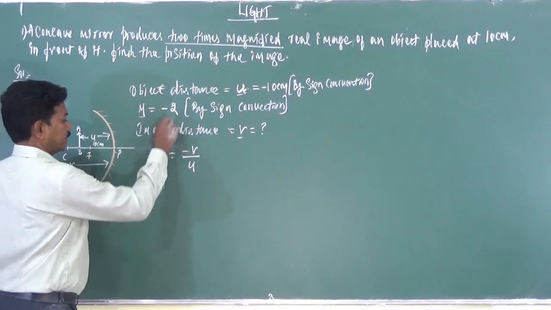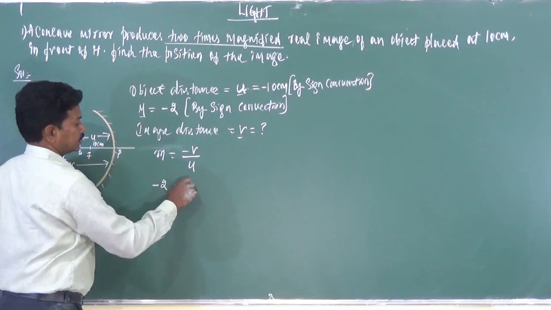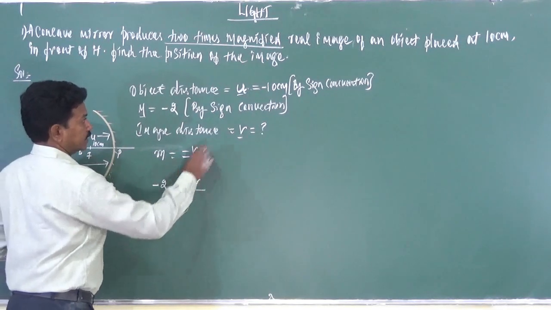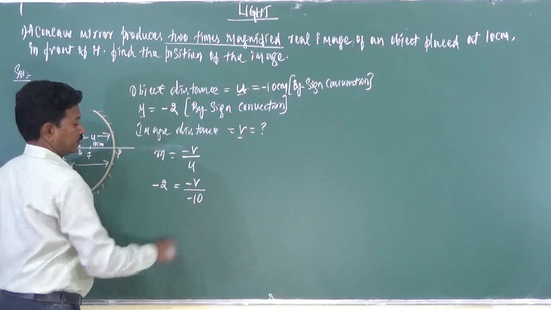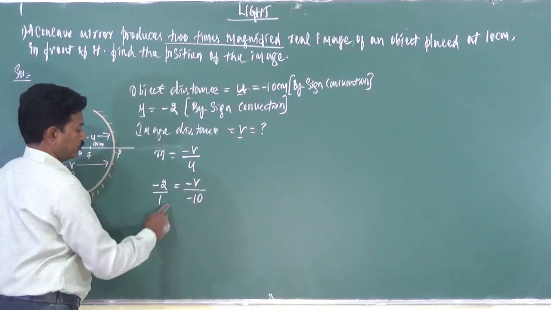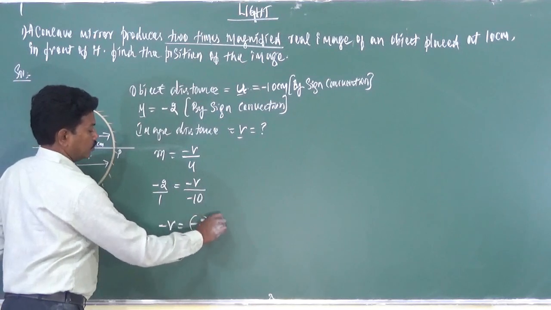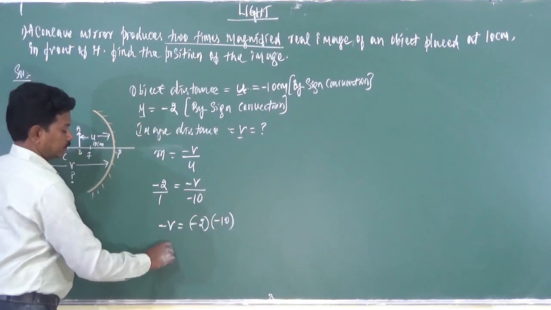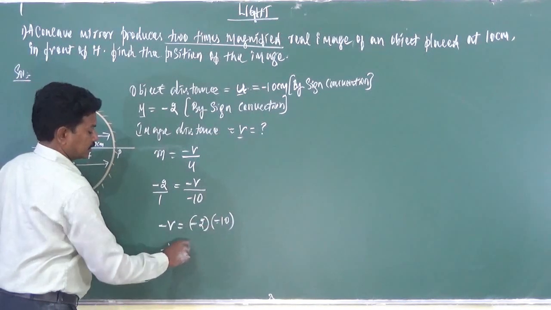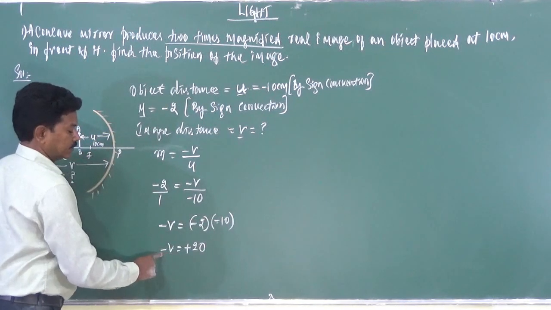So M is minus 2. Minus 2 is equal to minus V by U, and U is minus 10. So we'll go with cross multiplication. Minus V into 1 is minus V, equal to minus 2 into minus 10. So minus V is equal to plus 20. So V has a negative sign.